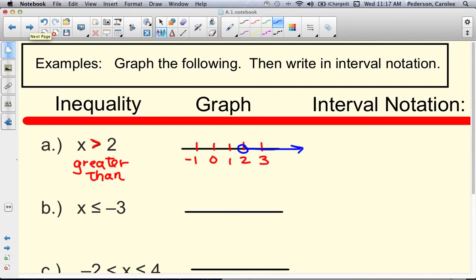If we wanted a parentheses, it would be parentheses and then opening to the right. So you could use either one of those notations. As an interval, you start off with 2 and a parentheses, and then the notation is it's going on to positive infinity.